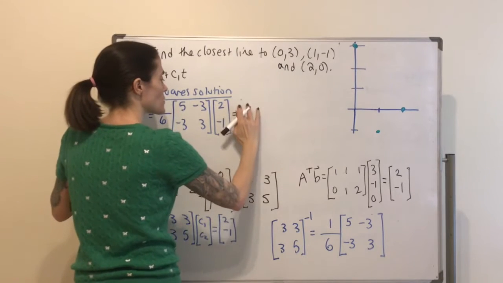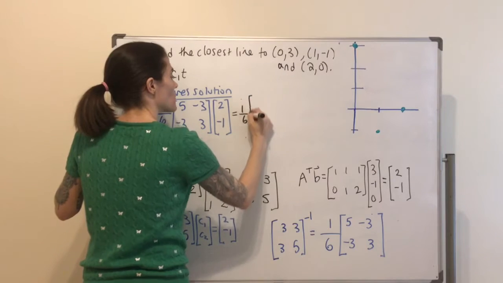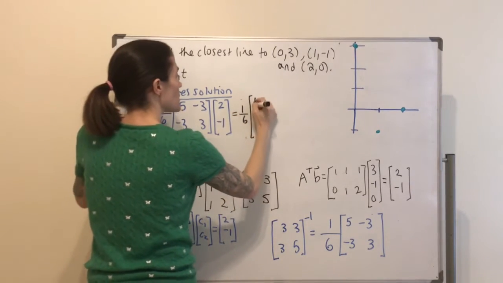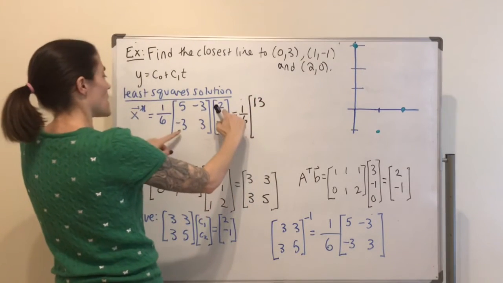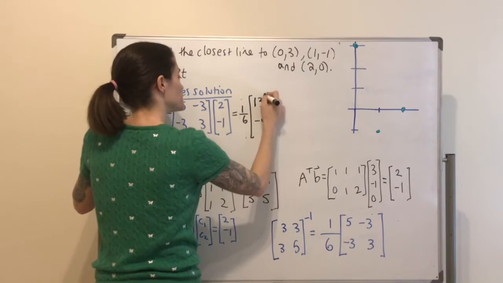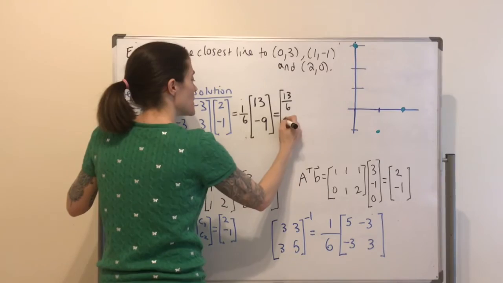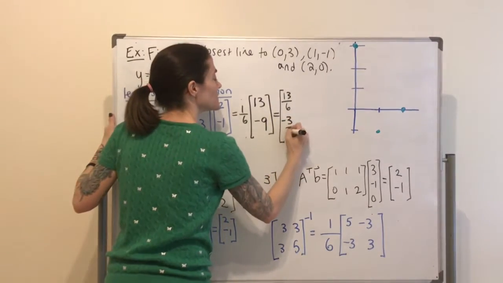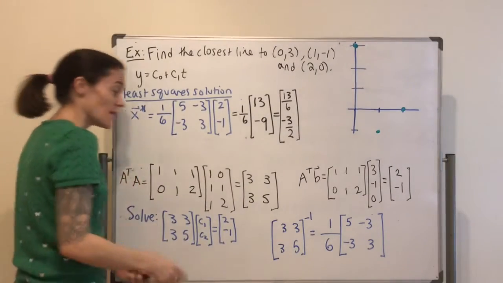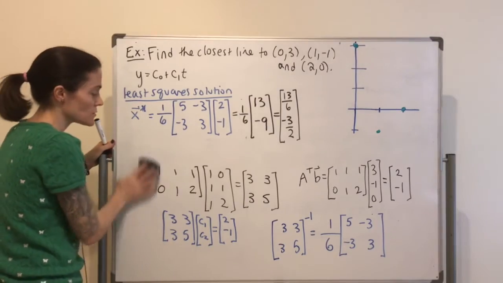Well, first I'll write the 1/6 out in front. So we have 10 plus 3. We have minus 6 minus 3. 13 over 6, and okay, well, now let me erase all of this because we have used it.